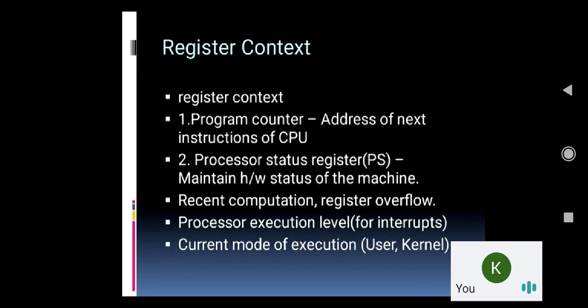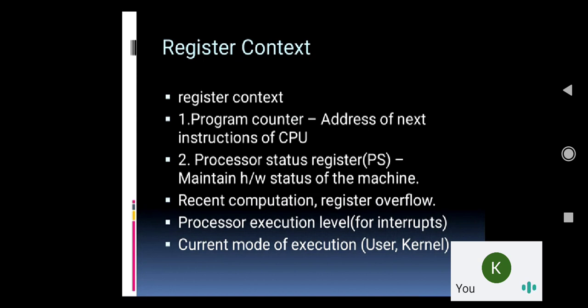But for each program you will have some n number of processes. So how the processor is going to connect with the registers and execute, its status, whether it is working or not, and what program it is running, will be noted down here in the processor status register. These are the two components we have under register context.